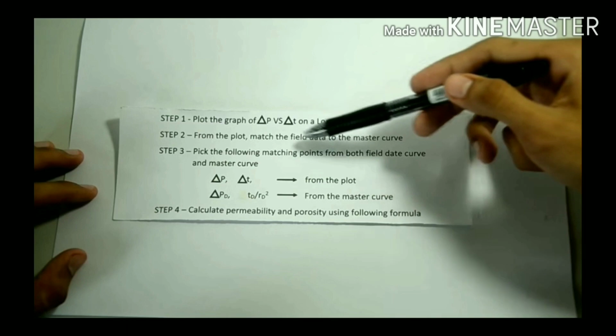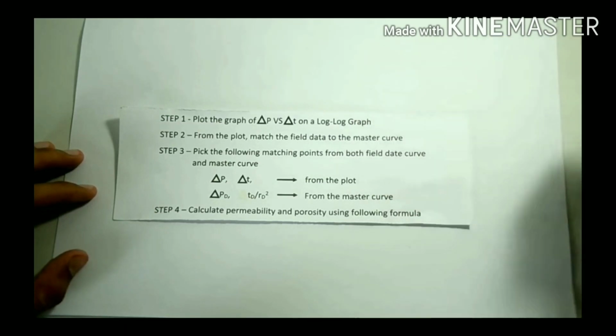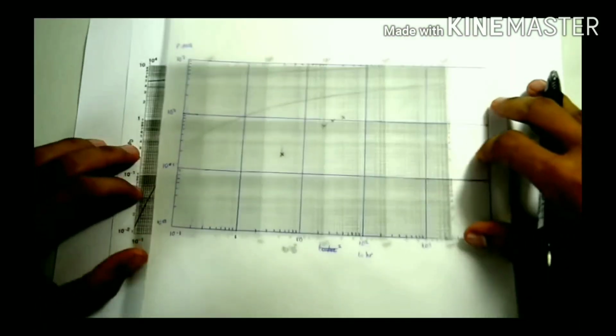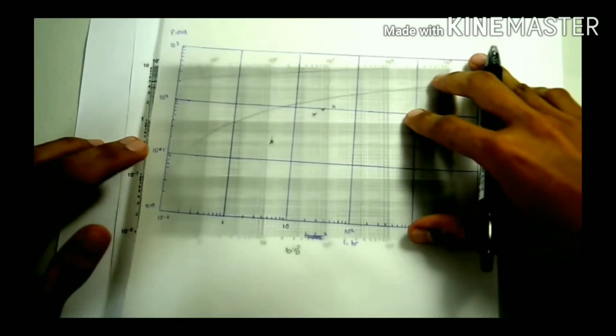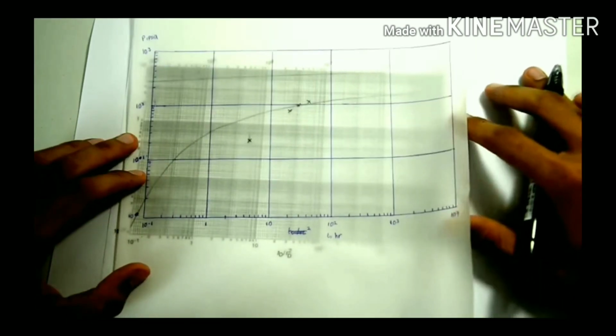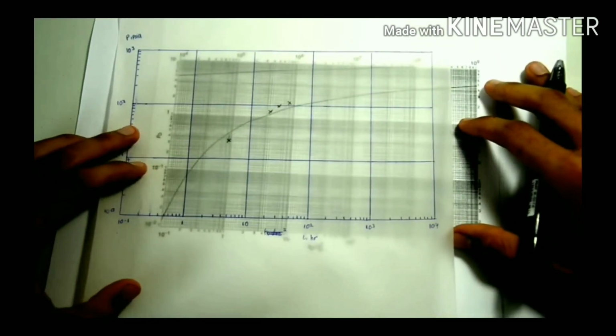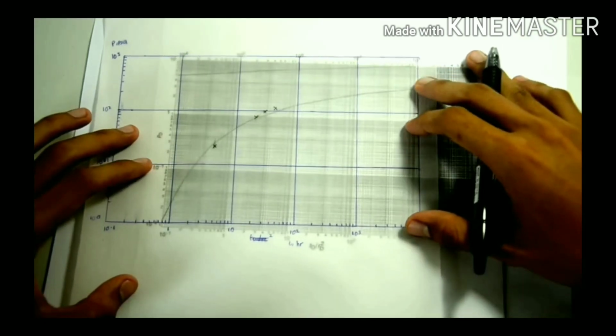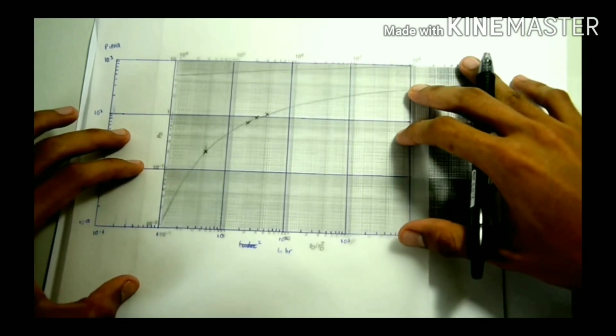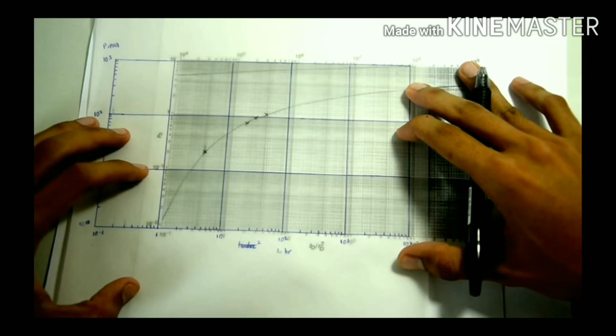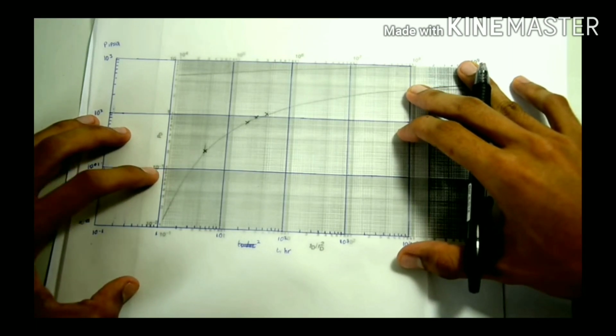In step 2, we have to find the match point. So we bring the tracing sheet on top of the type curve and try to match the plotted data. As you can see here, now I match the data points to the type curve.